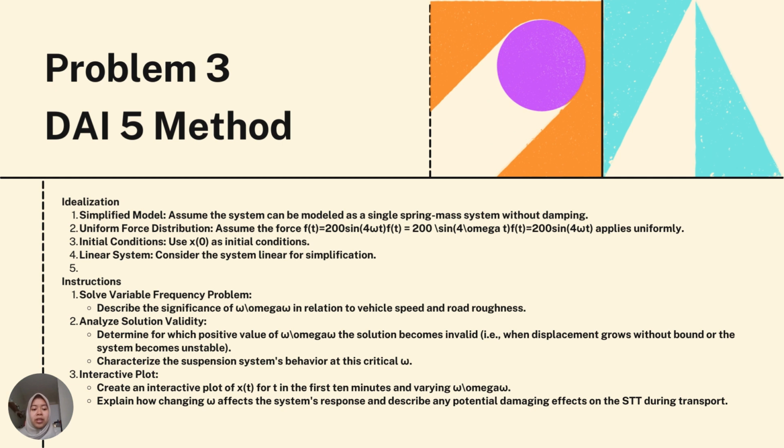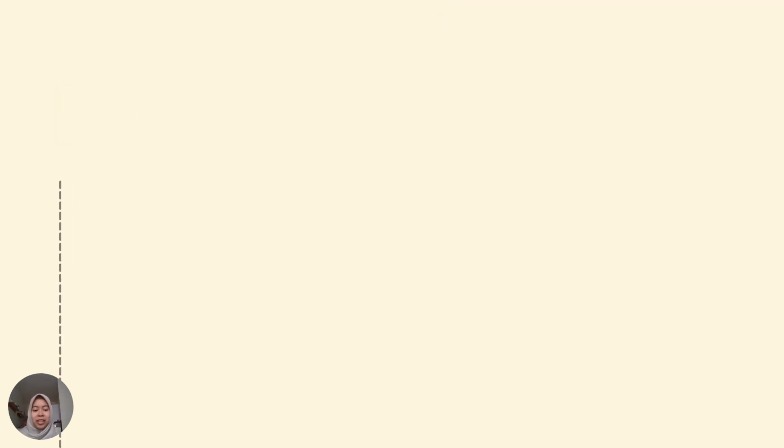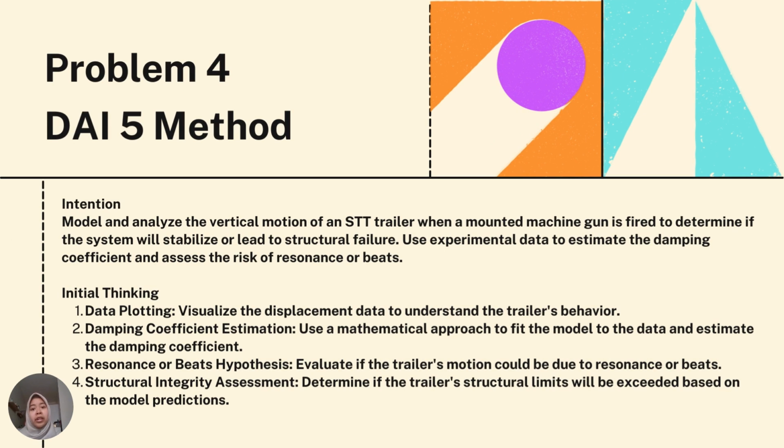And the third one is that we have the interactive plot too, so we can describe any potential damaging effect on the STT during transport. And the fourth problem has the intention to model and analyze the vertical motion of an STT trailer when a mounted machine gun is fired, and determine if the system will stabilize or lead to structural failure.